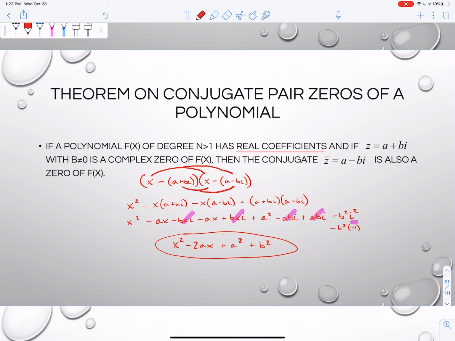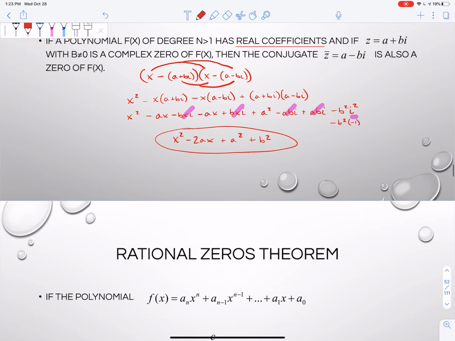So again, polynomial with real coefficients. If I have a complex zero, whether it's a plus bi or just the bi portion, then its conjugate, either a minus bi or the opposite of bi, must also be a zero.